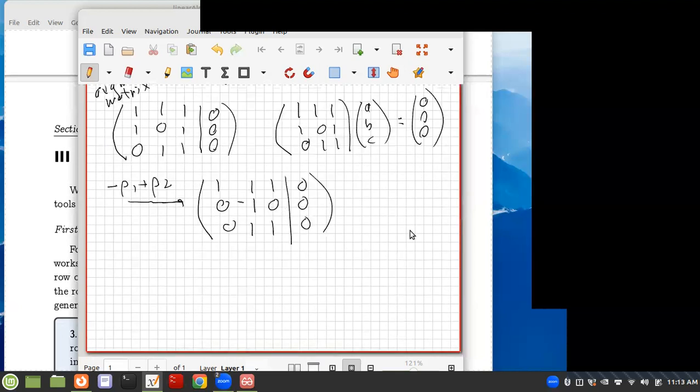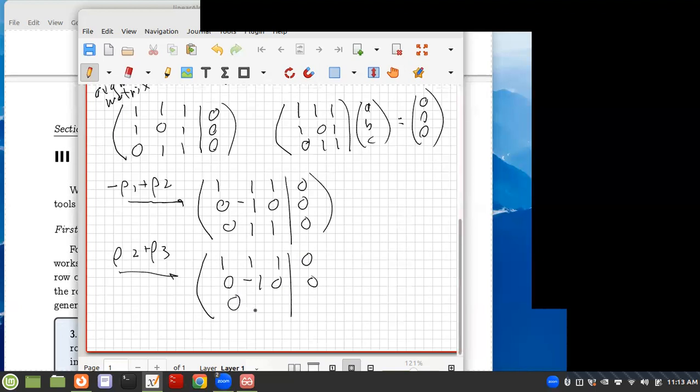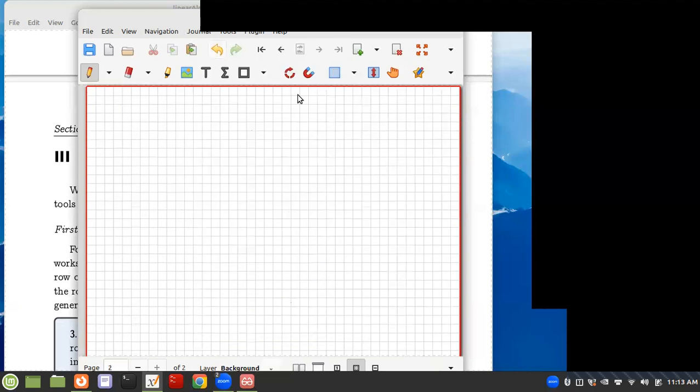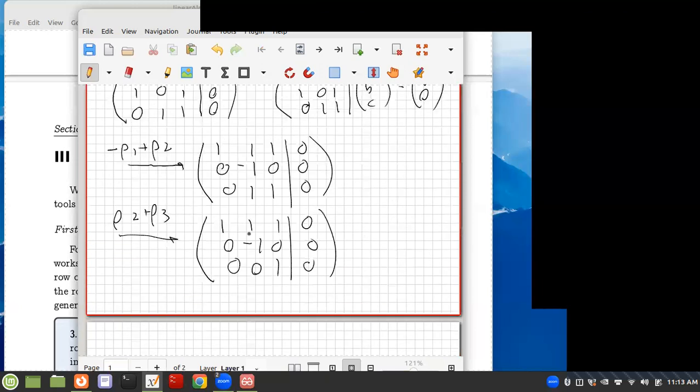And then we can do row 2 plus row 3 to have 1, 1, 1, 0, 0, minus 1, 0, 0, and then 0, 0, 1, 0, which means that solving these for a, b, and c, you can see that the third equation is c equals 0.